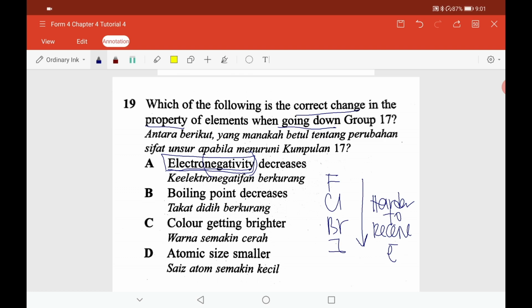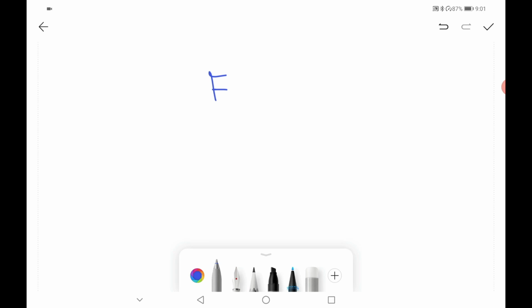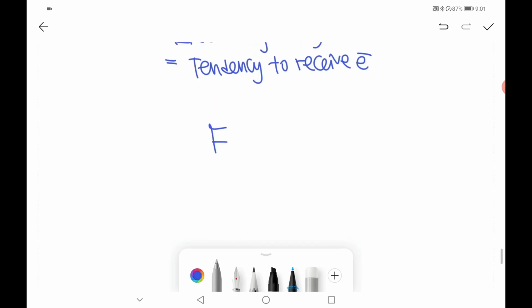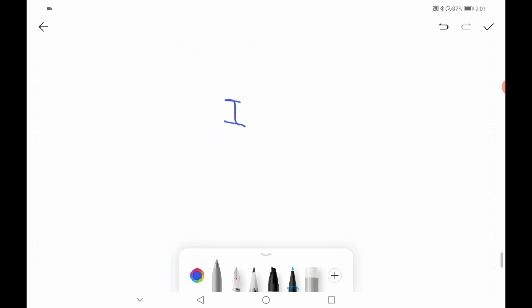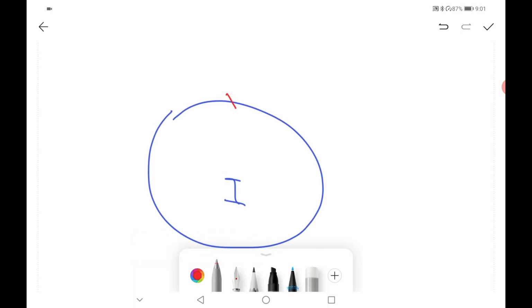I would say yes, because going down the group, let's say this is fluorine and this is iodine, the size is getting larger and larger. So the valence electron is far away from the nucleus.